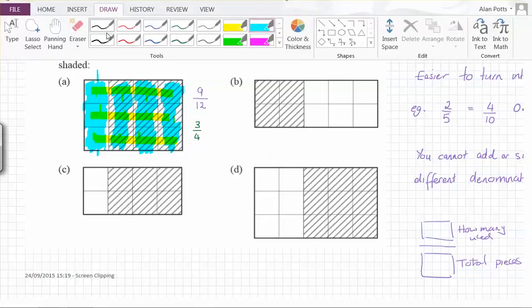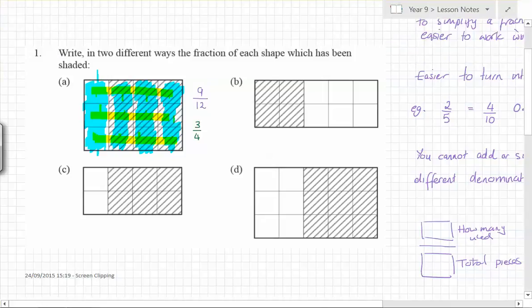So what you have to try and do is ignore these lines. So you've got 1, 2, 3, 4 parts, rather than 12 little squares. You've got 1 part, 1/4, 2/4, 3/4, 4/4. And how many are shaded? Well, 1, 2, 3 of them. Okay. So it's 3/4.